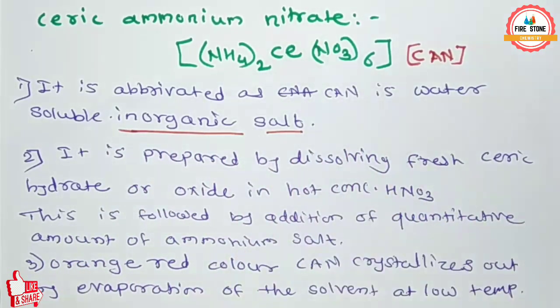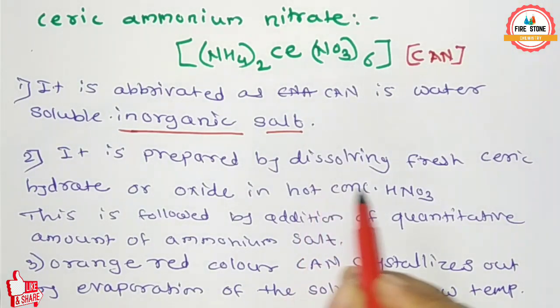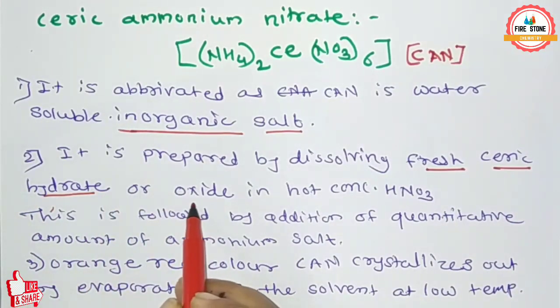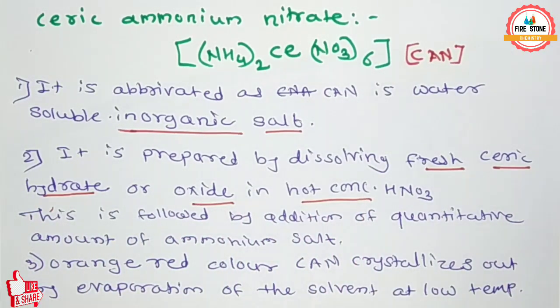It is prepared by dissolving fresh ceric hydrate or oxide in hot concentrated HNO3. This is followed by addition of a quantitative amount of ammonium salt.